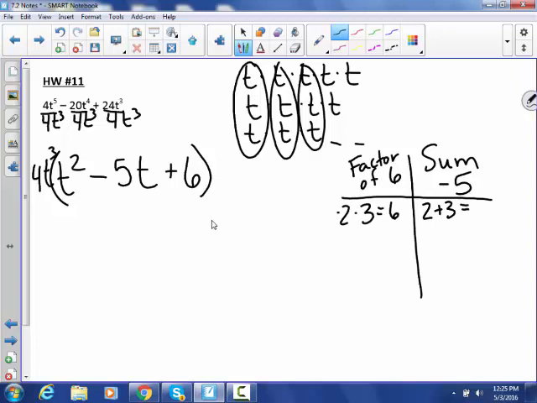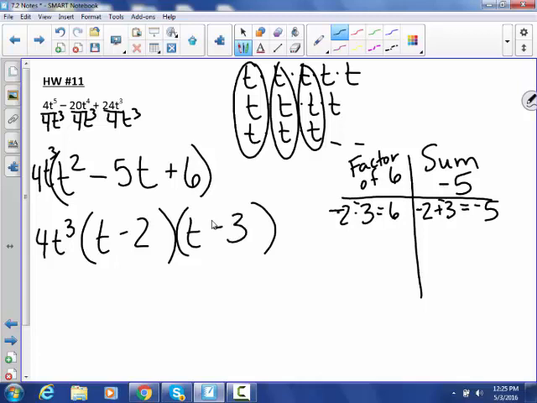Both of these have to be negative? Yeah. Negative 2 times negative 3 is still positive 6. Negative 2 plus negative 3 is negative 5. So we're going to bring down our 4t to the 3rd. And it's t minus 2, t minus 3, because negative 2 and negative 3 were our factors.